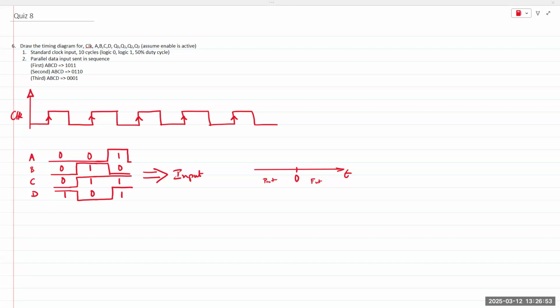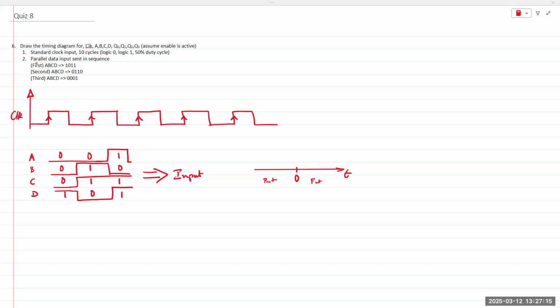If you look at the circuit diagram, A, B, C, D is at the top going into the circuit. So it's going in parallel. That means it's being used in parallel input. Output is not stated. Output can be parallel or in serial, but parallel is easier. So we simply take parallel outputs.